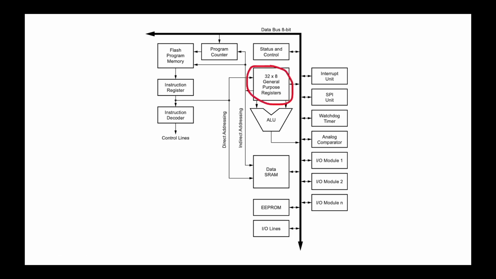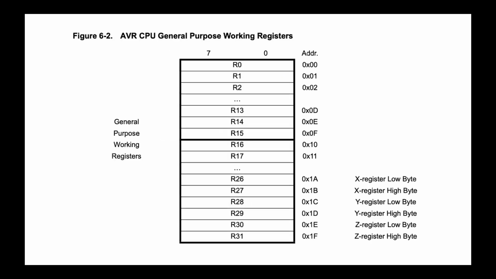Okay, so let's take a look at the general purpose registers. We have 32 of them. They're all 8-bit wide. The only thing to note here is that the last 6 are grouped in pairs to form pointers.